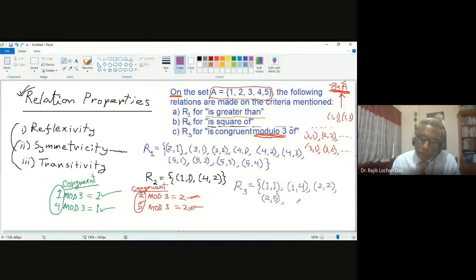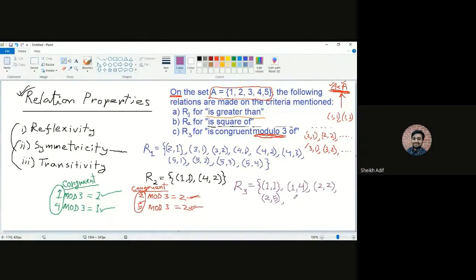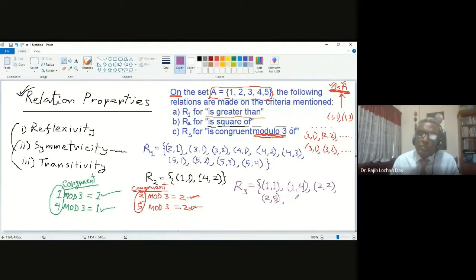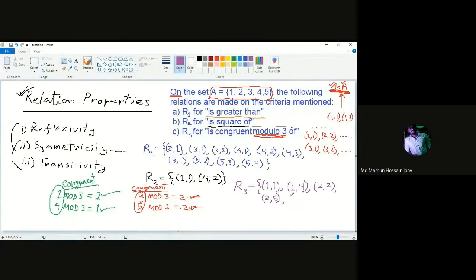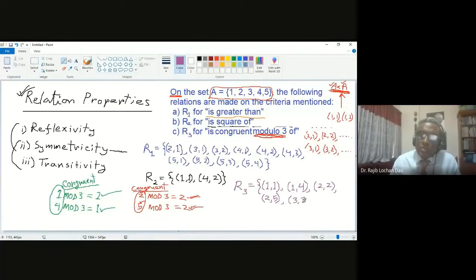Sir, what about 3, 3? That would be 3 mod 3, which is 0. So what is the problem? They will give you the same answer. Yes, sir, it is possible. They give the same answer, but can we write it? Yes, sir, we can write it. The modulo of 3 is 0, and the other 3 modulo 3 is also 0.